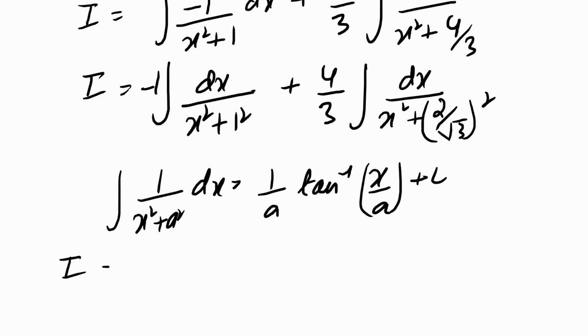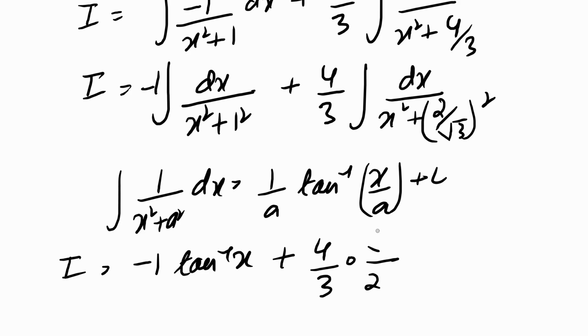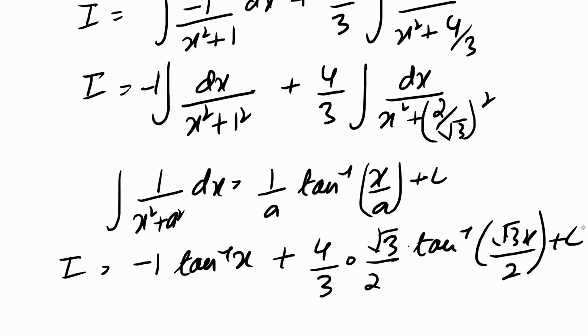So I is equal to minus 1 tan inverse x plus 4 by 3, a is 2 upon under root 3, that is tan inverse under root 3 x upon 2 plus c.